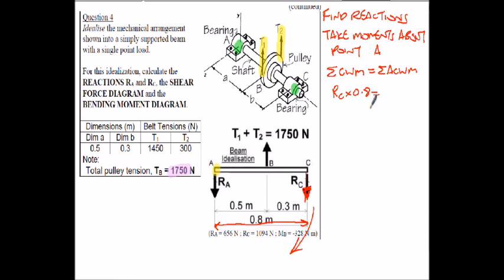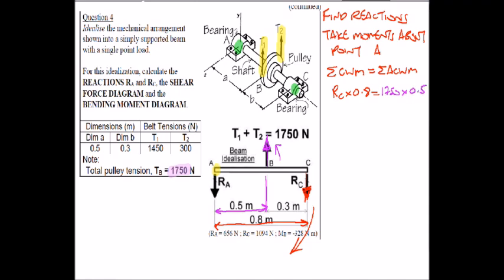An anti-clockwise sense, this time we have the central load here, 1750 newtons, and that's 0.5 meters from the point A we're considering, and of course that's an anti-clockwise sense there. So on the right hand side of the equation, 1750 multiplied by 0.5 meters in this case.